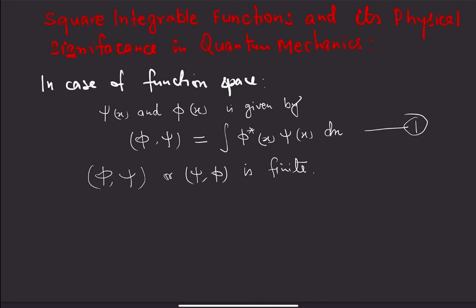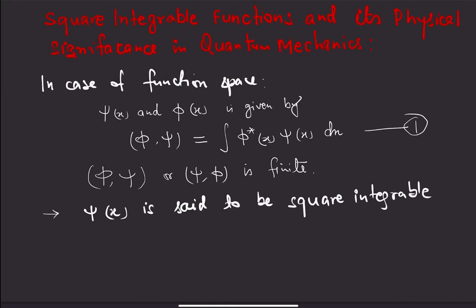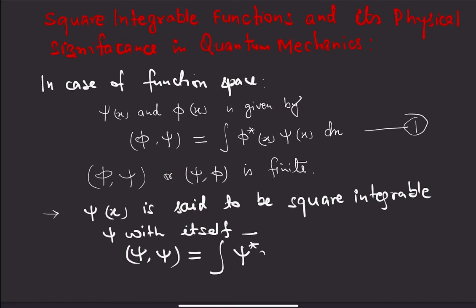A function psi(x) is said to be square integrable if the scalar product of psi with itself, that is (psi, psi) = integral of psi star(x) psi(x) dx = integral of |psi(x)|^2 dx, is finite.